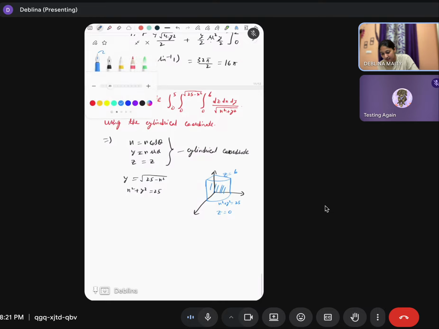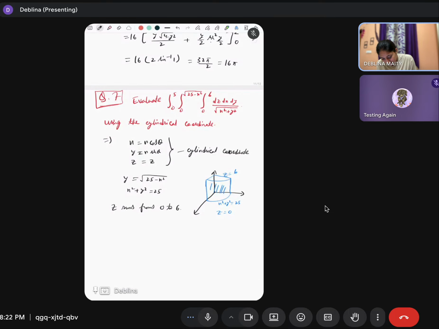So the value is, so we have to find the limit of r and theta. So z runs from 0 to 6, r runs from 0 to 5, and theta runs from 0 to pi by 2, since the whole theta range is pi by 2.